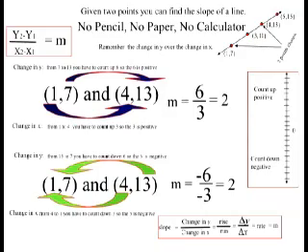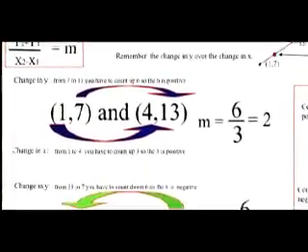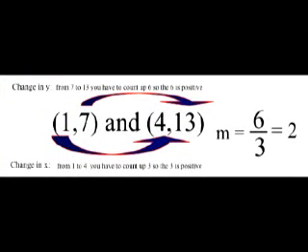Now remember, the change in y over the change in x. So the change in y from 7 to 13, you have to count up 6. So the 6 is positive.